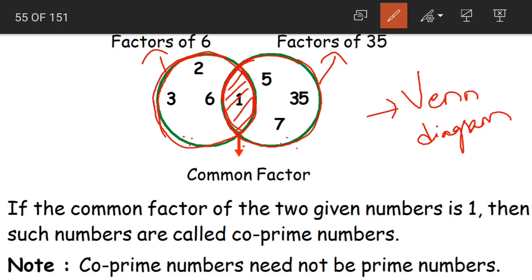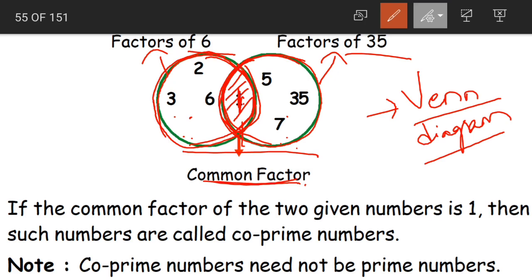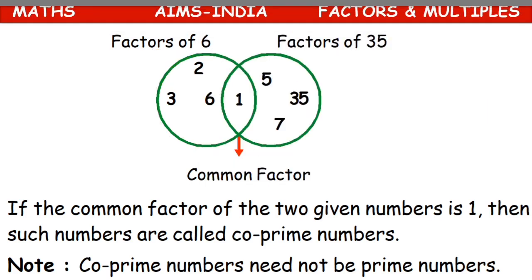So here we write our common factor. The factor that is common to both 6 and 35 is 1. So 1 is written in this space where the factors of 6 and the factors of 35 are overlapping. And what is this diagram called? It is called a Venn diagram.